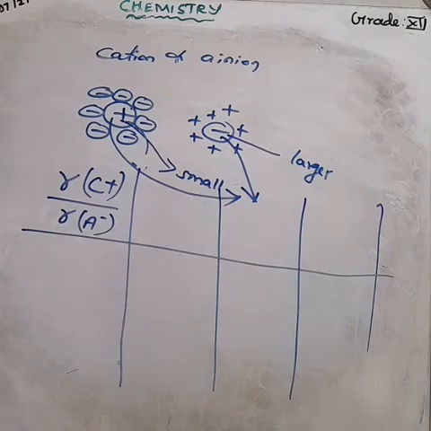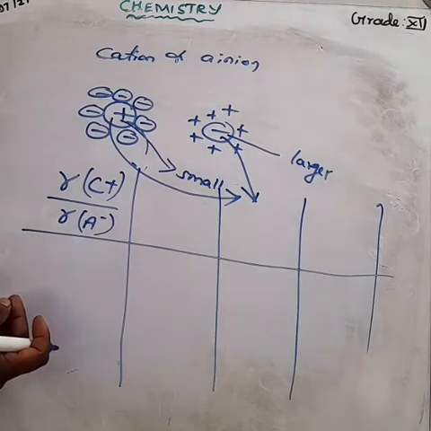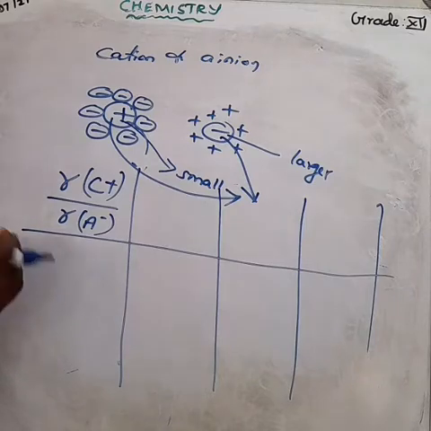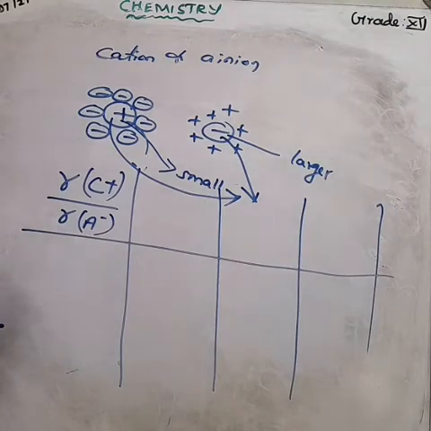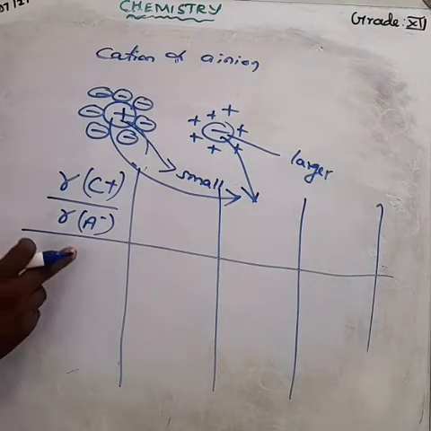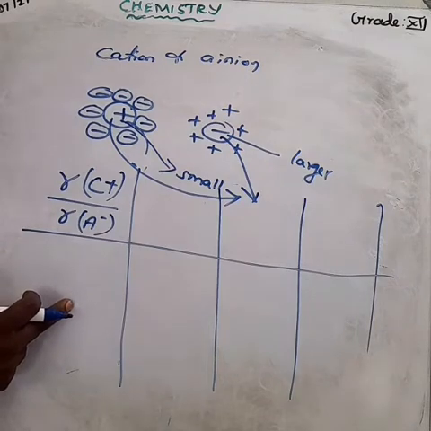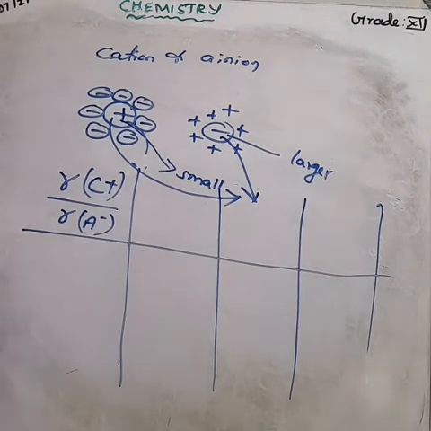Here are some calculated values. There is a relationship between radius ratio and the structural arrangement in ionic solids. A table gives the radius of cation over radius of anion, with some range values.